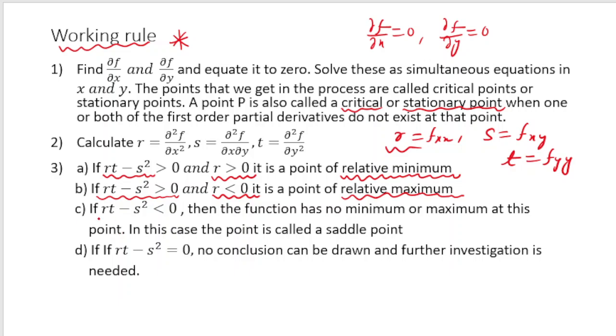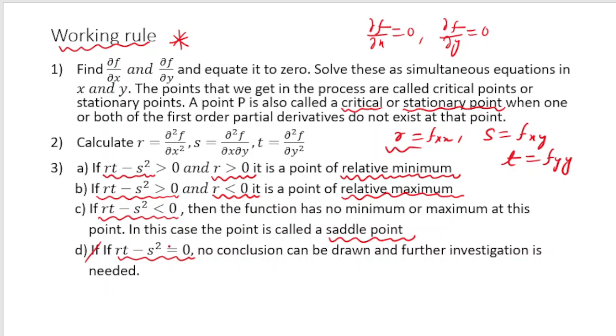The third possibility is that if rt minus s square is less than 0, then the function has no minimum or maximum at this point, and this point is called a saddle point. I will also show you through the figure what a minimum point, maximum point, or saddle point is. The fourth possibility is that if rt minus s square is equal to 0, then we cannot draw any conclusion about the nature of the point.